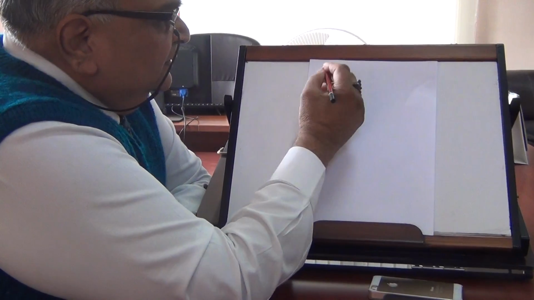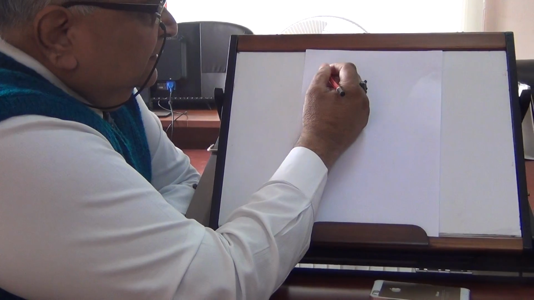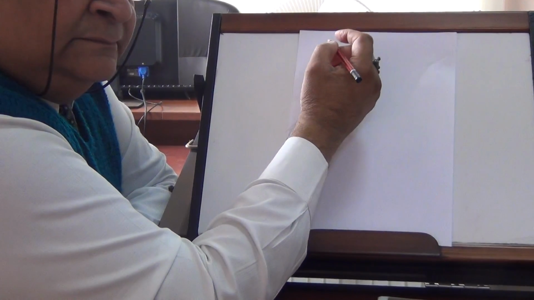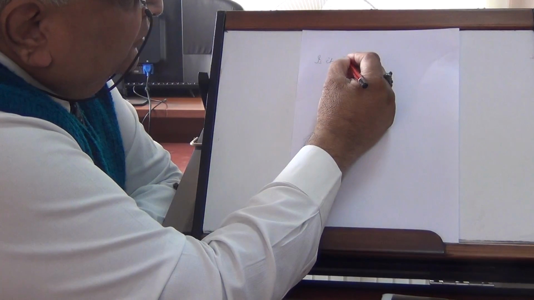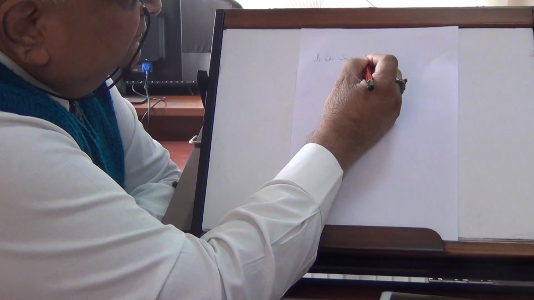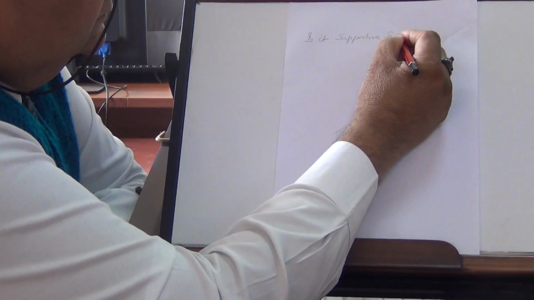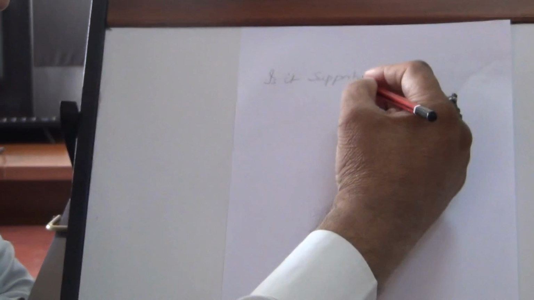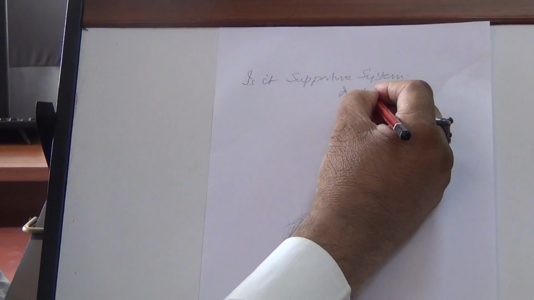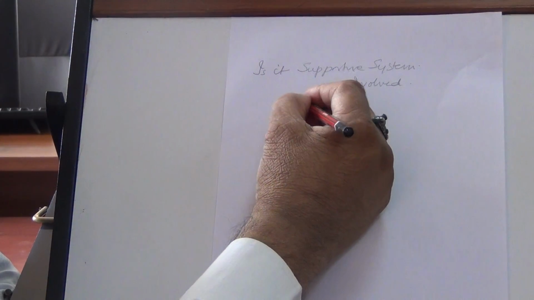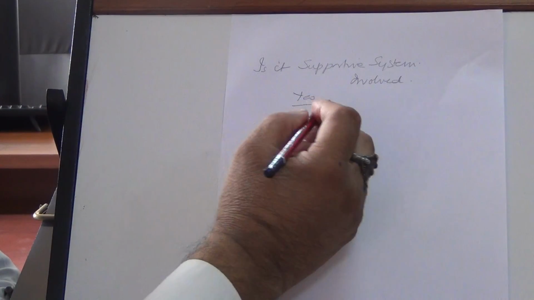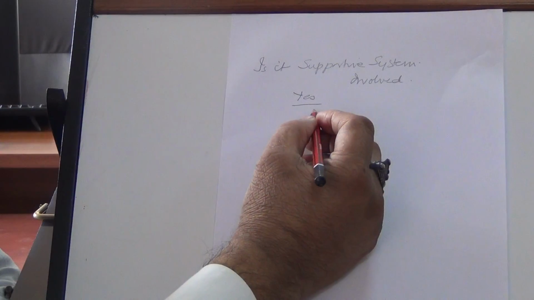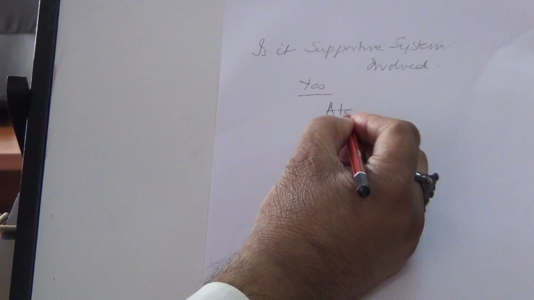That same grid tells us whether the supportive system is involved. The answer is yes, if there is something called ataxia.